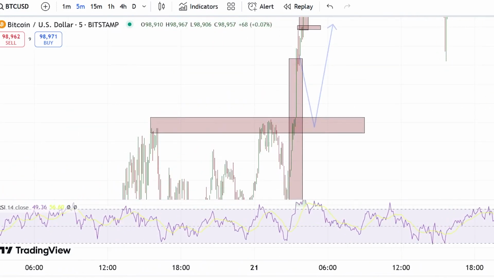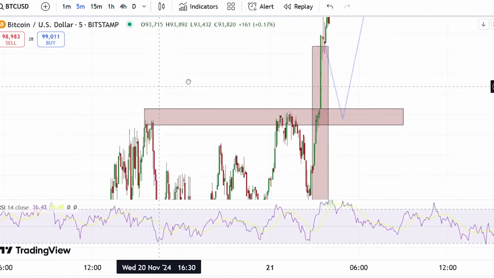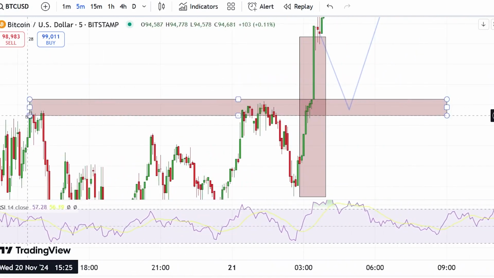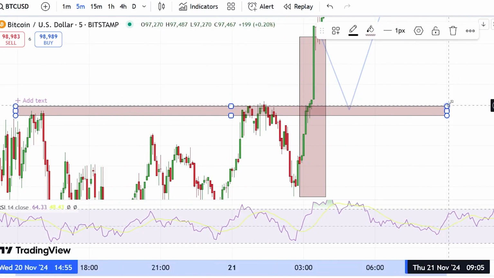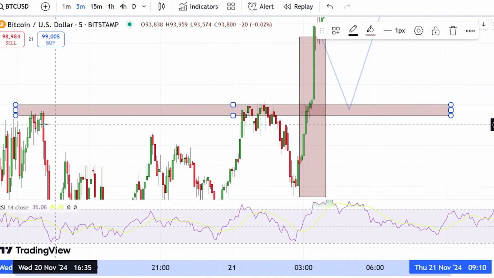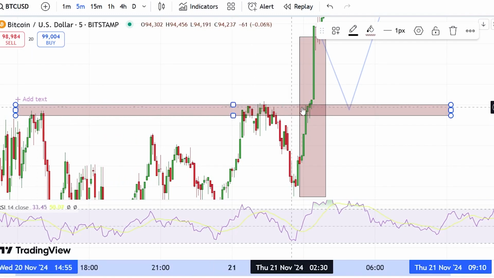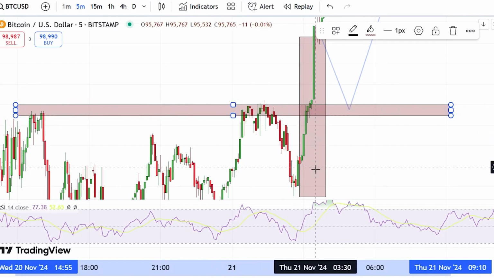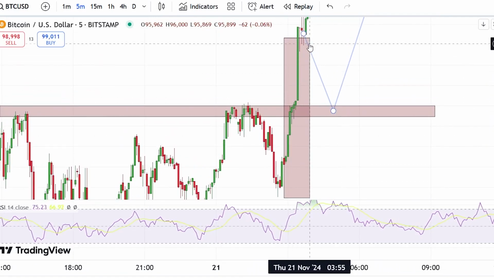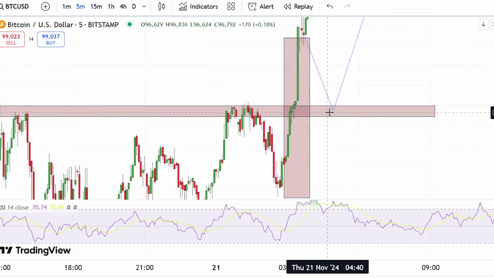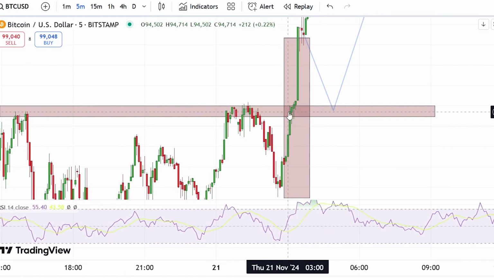So it has a supply and demand reason, because here there was a resistance zone. So one touch, two touch. Here many people would think it's a resistance, so they enter a short position or they sell the asset. When it's broken, when the price goes back to this zone, their trades will be at zero profit or loss.